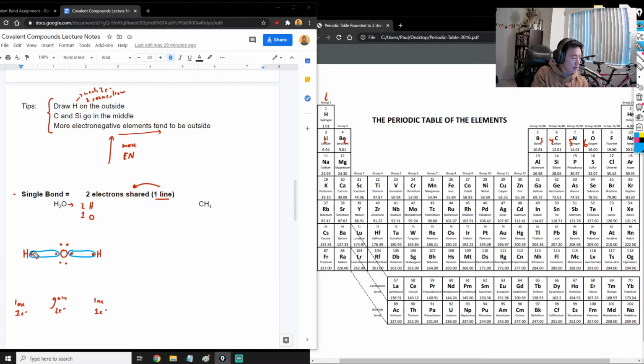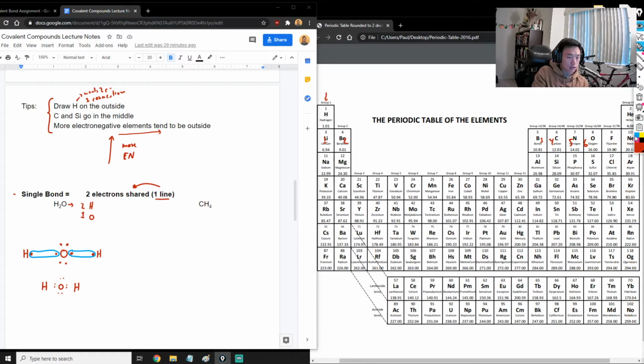So this hydrogen and oxygen are going to want to share electrons, and this hydrogen and this oxygen are going to want to share electrons. And so that is what it would look like if I kind of drew them closer together. You don't need to draw it like this for your assignment, but I'm just doing this for the purpose of you guys visualizing it. But basically it's going to look like this.